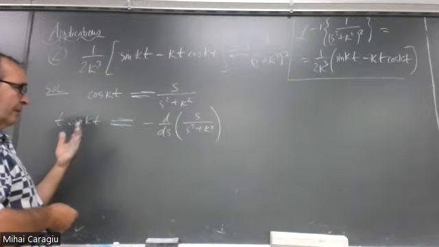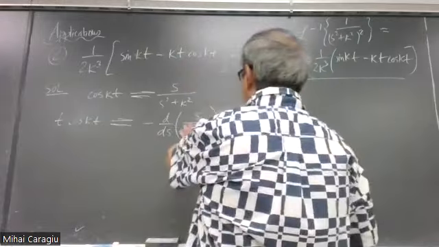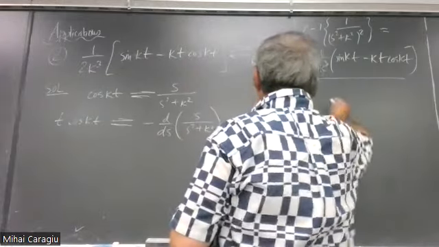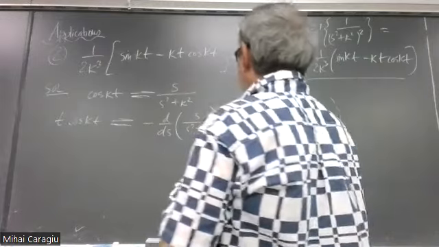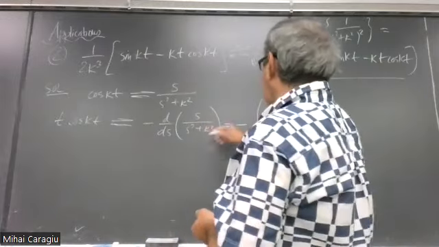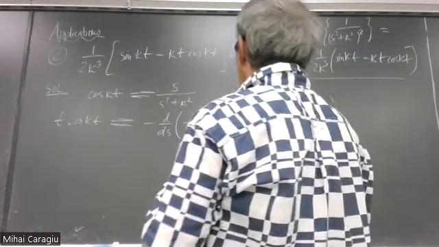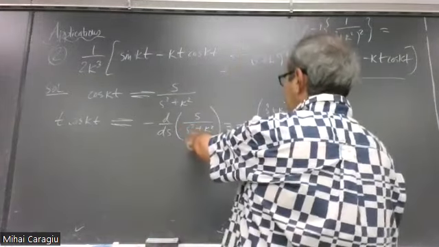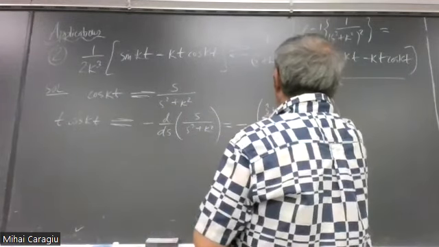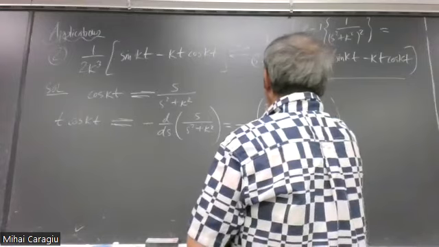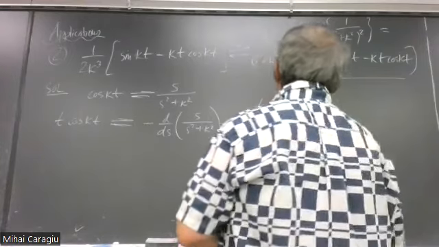Let's apply the quotient rule: u prime v minus u v prime over v squared. So u prime v is 1 times s squared plus k squared, minus u v prime, so minus s times 2s, all over s squared plus k squared, squared.